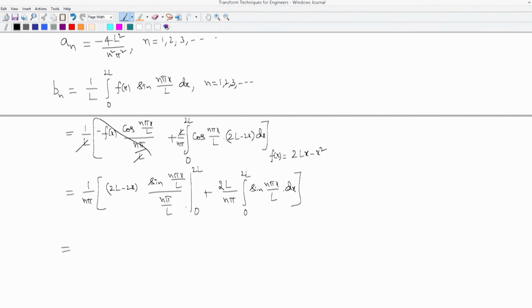So, together again, sin will give you at 2L and 0 is 0. So, this will be 0, and you have here 2L by n square pi square, this will be minus cos n pi x by L into L by n pi, for which if you apply limits, what you get is 2L by n square pi square, 2L cos n pi x by L will be 1 minus L by n pi.